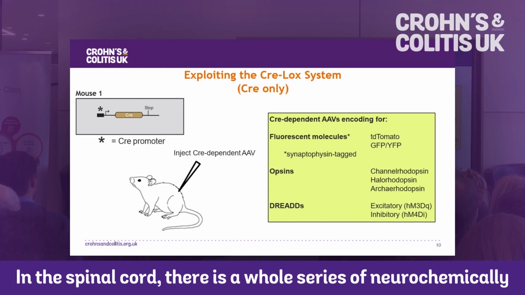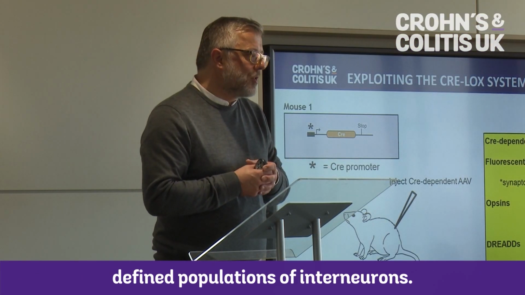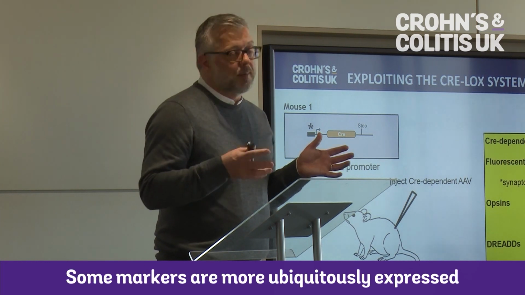In the spinal cord, there's a whole series of neurochemically defined populations of interneurons. Some markers are more ubiquitously expressed than others.